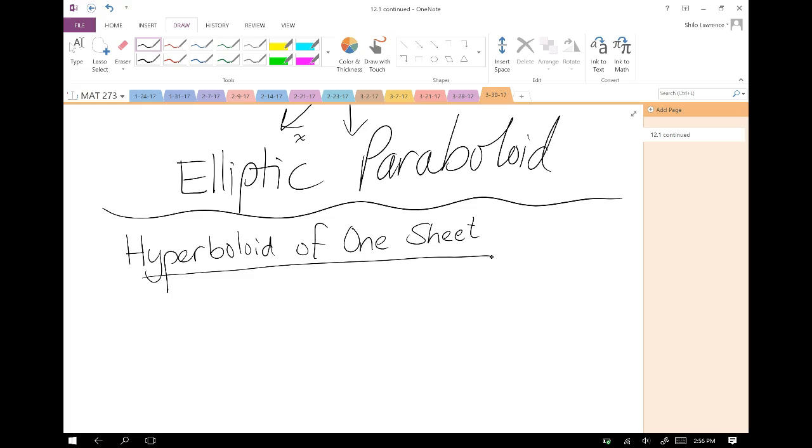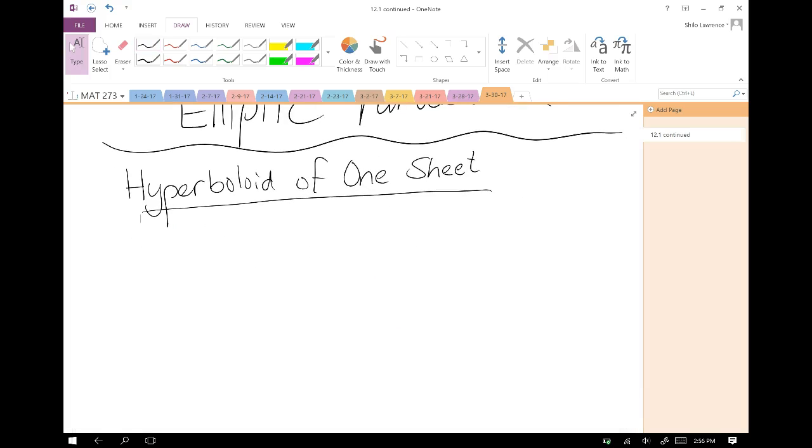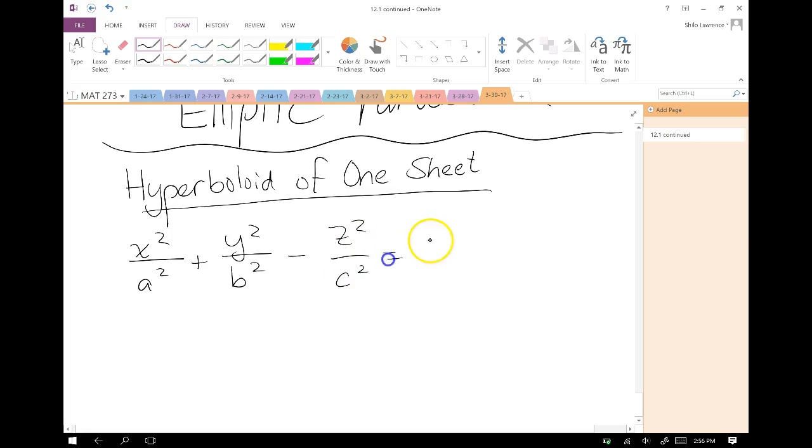All right, for a hyperboloid of one sheet, the equation, or one possibility for the equation, if we move around where this subtraction is, it will just change the orientation of the graph, which direction it's opening in. So we'll get a little review of hyperbolas as we do this.